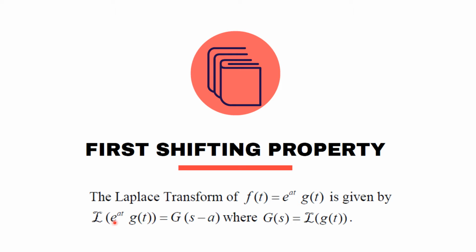So if we have this function e^(at) times g(t), then you determine the g(t), find the Laplace transform of g(t), and you get G(s). Then you shift G(s) to G(s minus a). That's why this property is called the first shifting property.